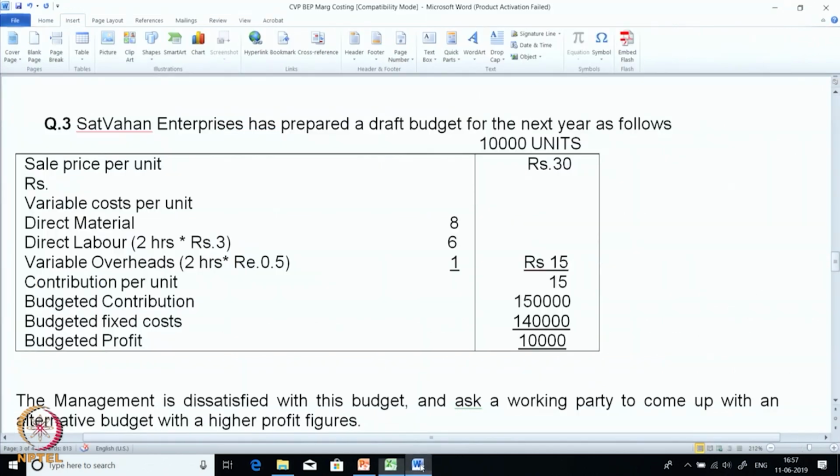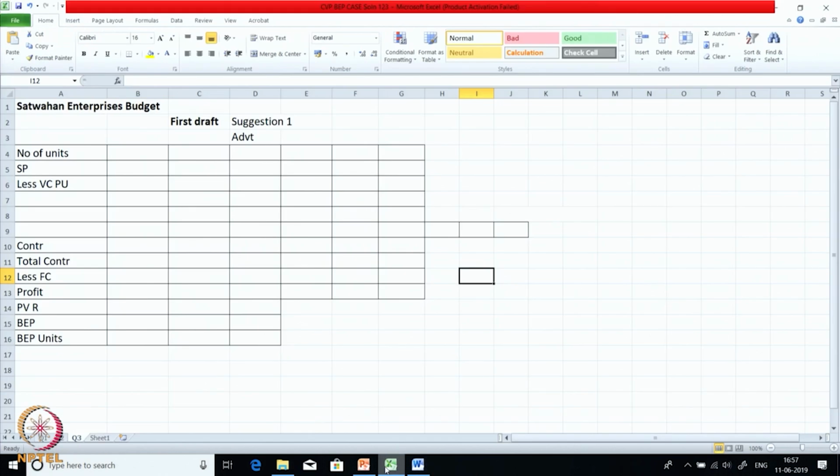They have given us this as the current draft. Let us try to put it in a proper format in Excel. Then you can incorporate certain changes. So please draw this structure. This is called the first draft.